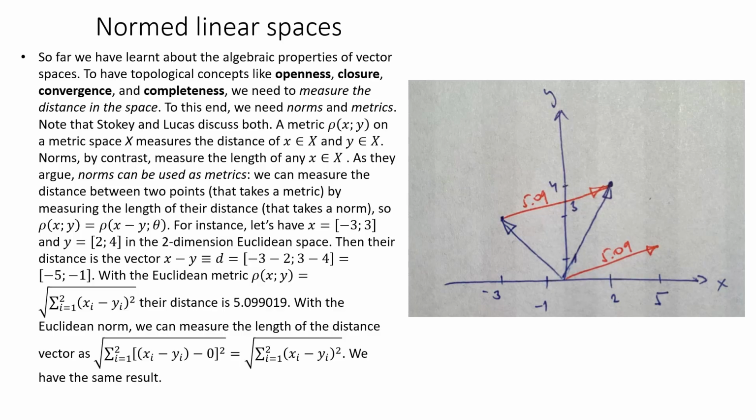So far, we have worked with some basic algebraic properties of vector spaces. To go further, to have some topological concepts like openness, closure, convergence, or completeness, we need to measure the distance in the space. In this context, convergence is of key importance.